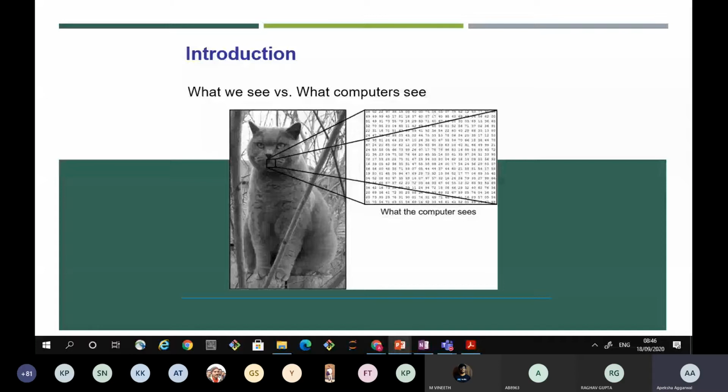It will identify horizontal and vertical edges, and after that it will say, okay, if some object has such and such edges, such and such features, properties or characteristics, then it is a cat, and if it has some other set of features or characteristics, then it is a dog. So basically the idea is to learn different representations of the image, and then it can identify whether it's a cat or a dog. Okay.